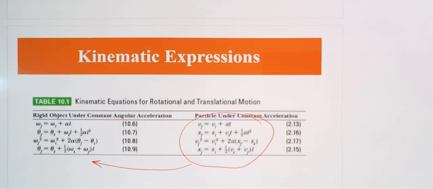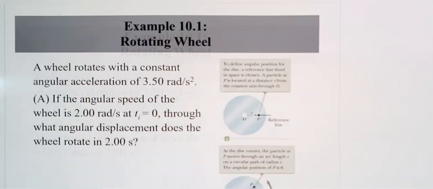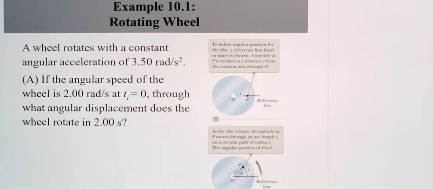So again, we are just repeating ourselves. Whatever you learned before, you just apply it now for the angular displacement, angular velocity, and angular acceleration. Yes, it is a very easy chapter, if you just do this link. The link is that the circumference of a circle is equal to 2 pi r.